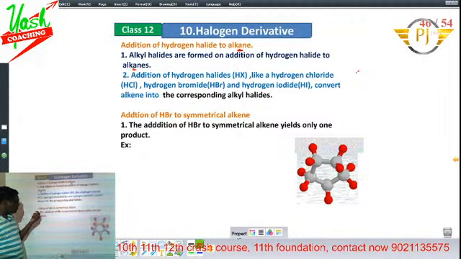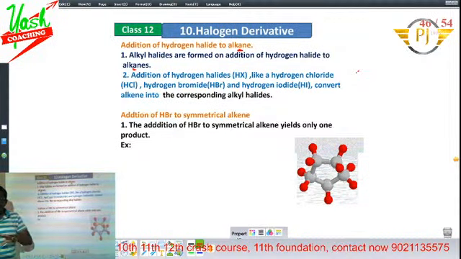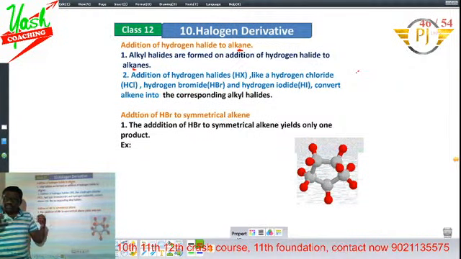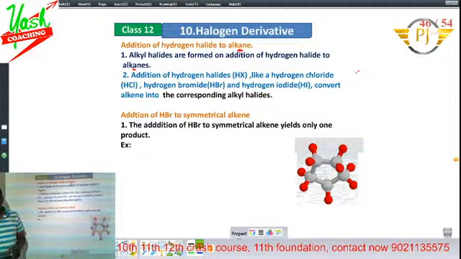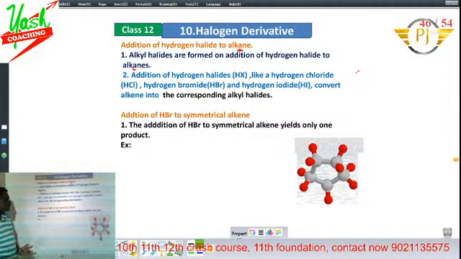Whenever we add hydrogen halides, generally we use hydrobromic acid, HBr, because among HCl, HBr and HI, HBr is in between. The bond dissociation enthalpy of HBr is moderate. That's why we take HBr for these additions.